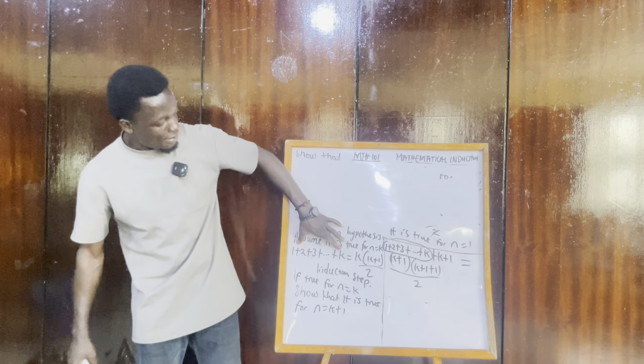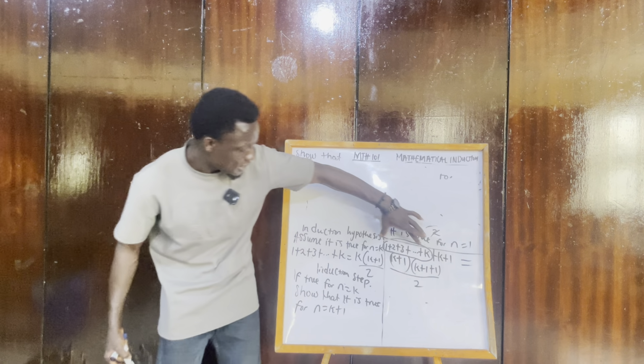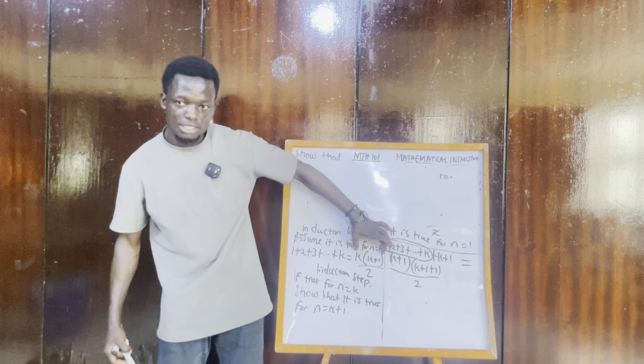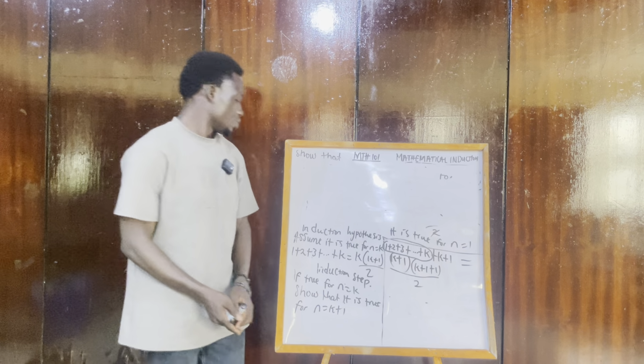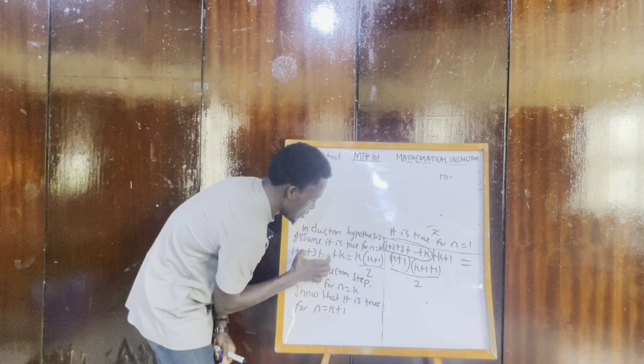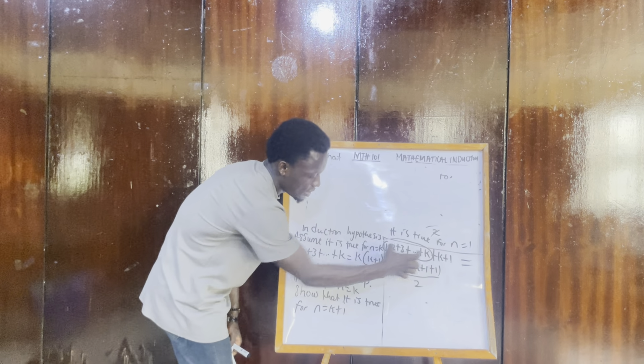And when n equals k, this is the summation of the first k terms, which is the same thing as this. And if this is equal to this, that means we can replace this with this, right? Do you get?